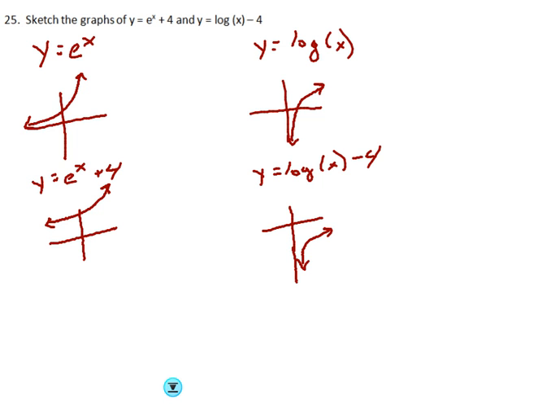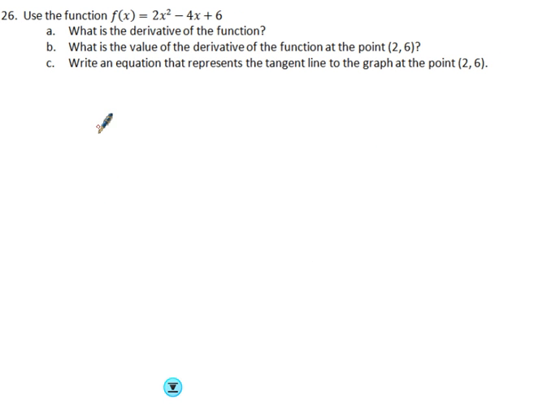Moving on now to 26. In 26, f of x is equal to 2x squared minus 4x plus 6. We're looking for the derivative. So the derivative is f prime of x, and that's saying that we're going to take 2 times 2 is 4, so that's 4x, back the exponent off by 1, and it's 4x. And then minus 4 is still hanging out as a minus 4.